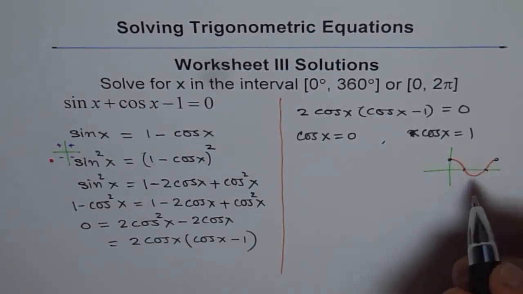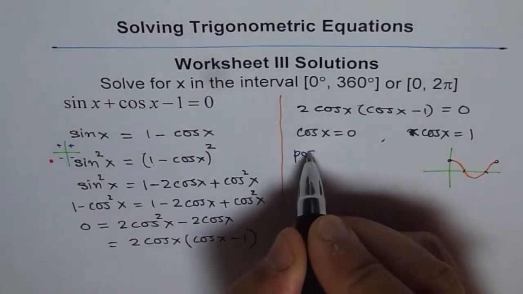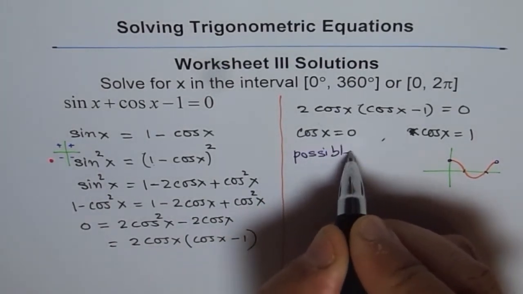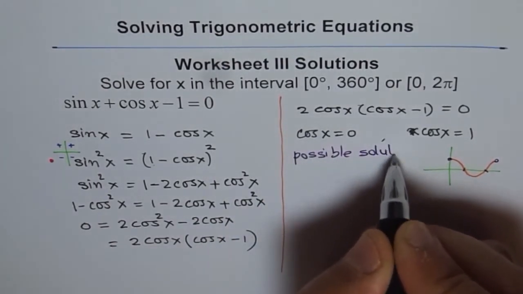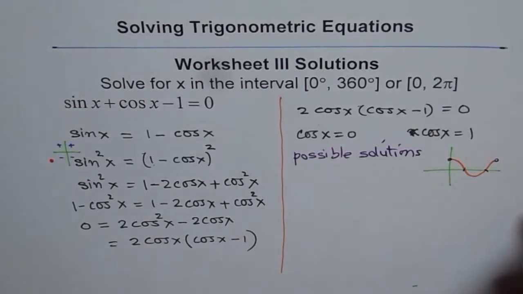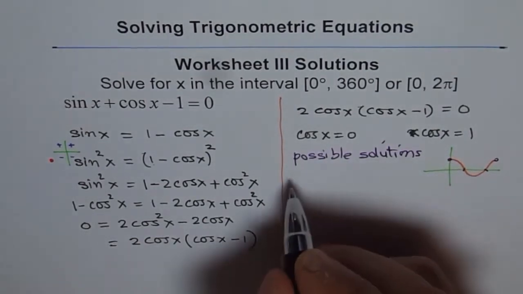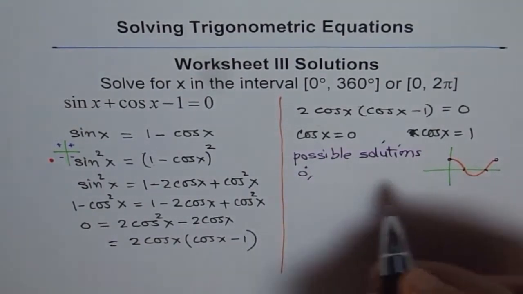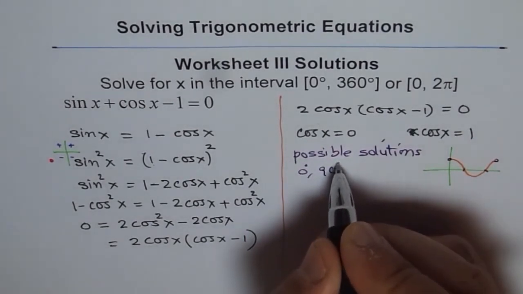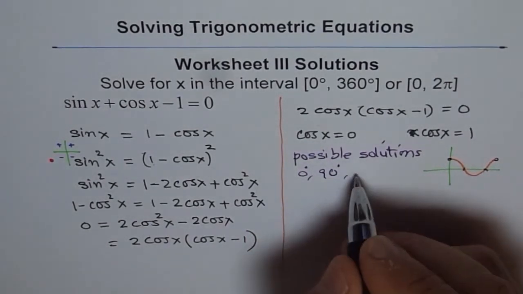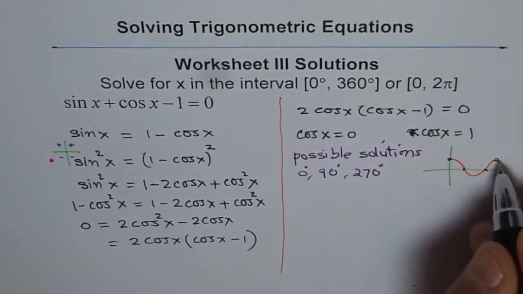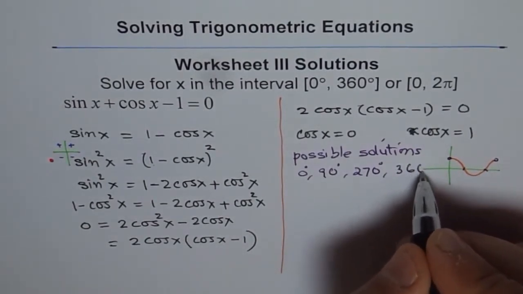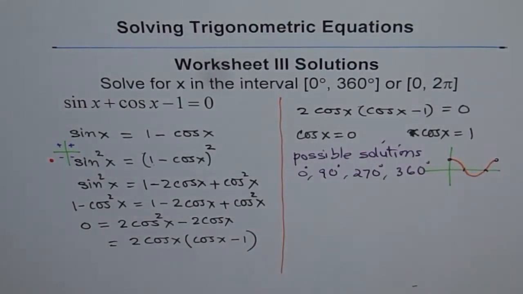So the possible solutions, we'll write possible solutions. Why possible solutions? Because some of them could be wrong, right? They are 0 degrees, 90 degrees, 270 degrees, and 360 degrees, correct? So these are all the possible solutions. Now we will figure out which ones are really correct answers for us.